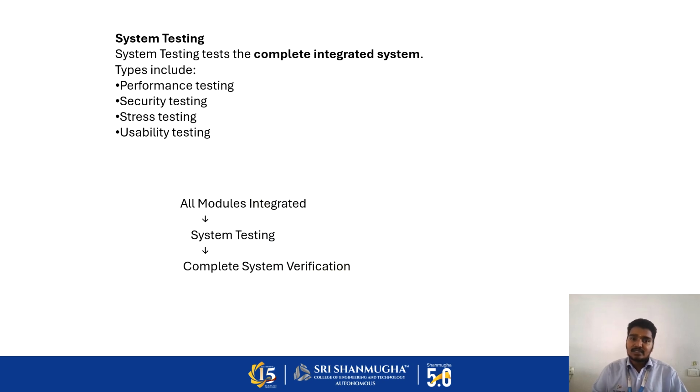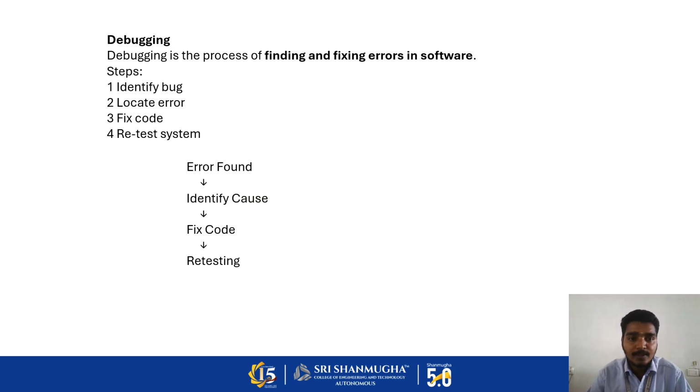Stress testing covers how the software handles stress. Usability testing covers how many users can work at the same time. That is called system testing. All modules are integrated, system testing is done, and the system verification is complete. That is the process of system testing.